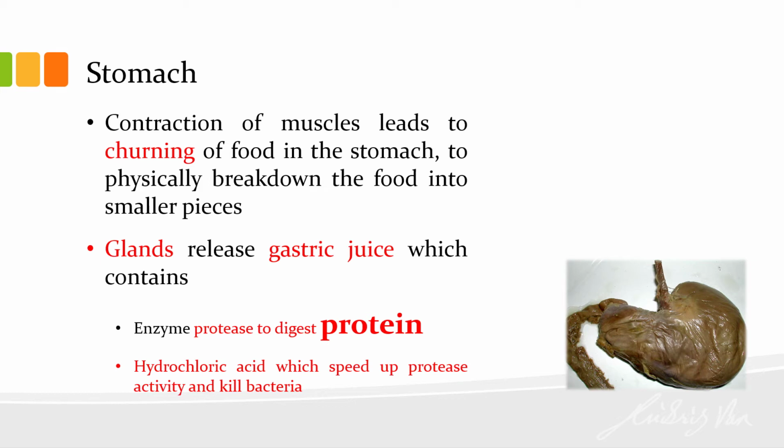So the gastric juice has two functions. One is to provide the enzyme to digest protein as well as to kill the bacteria because it contains hydrochloric acid. So please copy this down. You may pause the video.